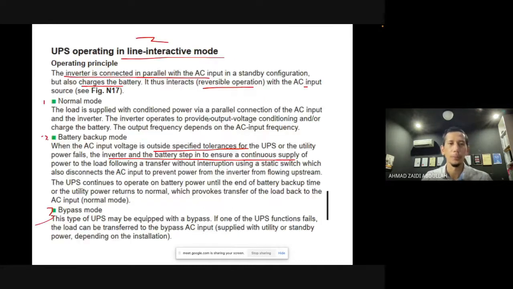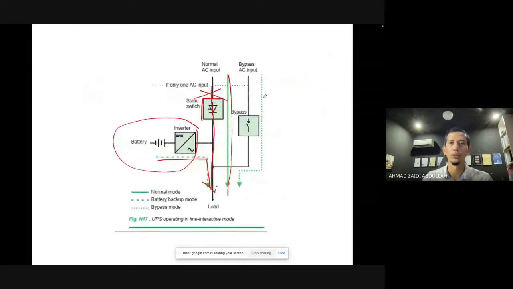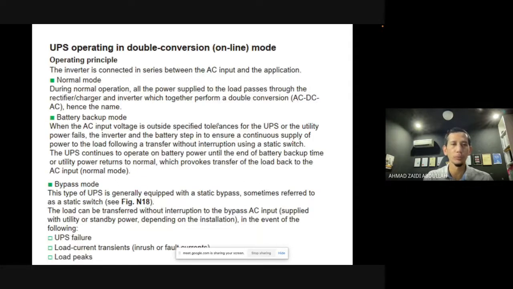So the static switch will control. So this system will be faster, more faster compared to the offline, because the static switch is connected indirectly in the AC input.